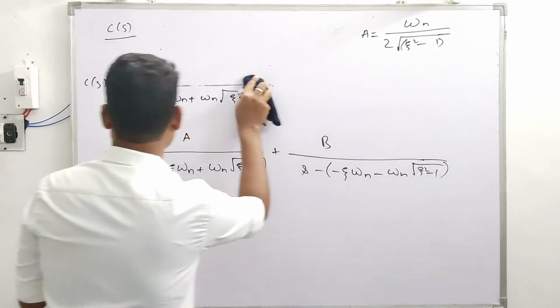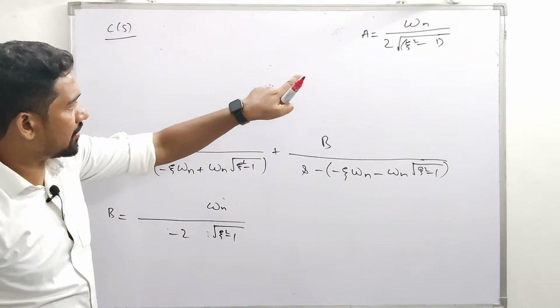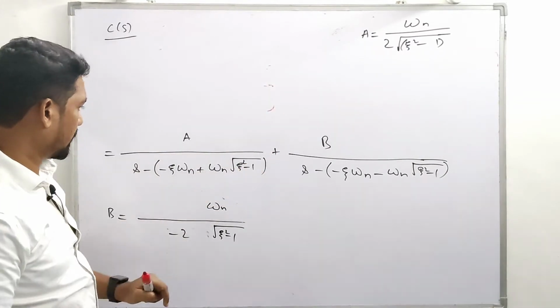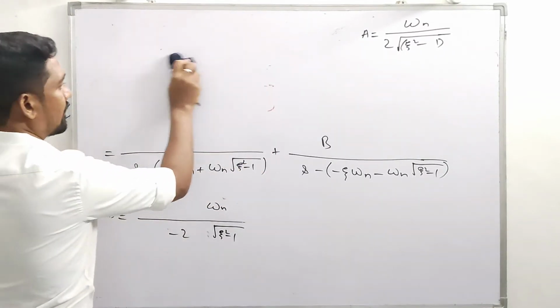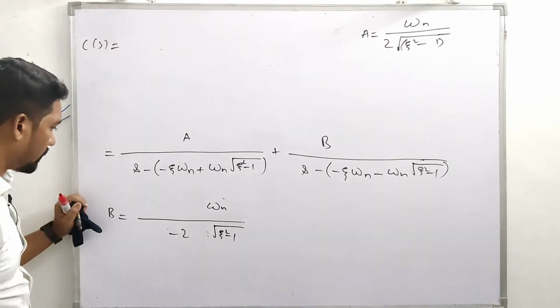Here the a value is plugged in with that one and the b value is plugged in with this one. So that will lead to c of s equal to, what's a?